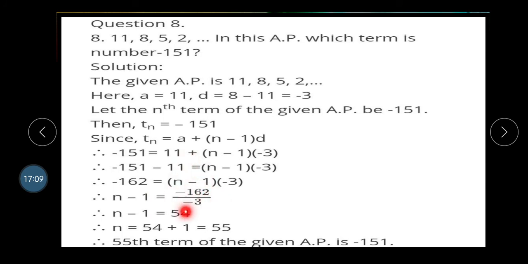Minus minus, when we divide, becomes positive. So 162 divided by 3 we will get 54. n minus 1 equal to 54. n equal to 54 plus 1 equal to 55. Therefore the 55th term of the given AP is minus 151.